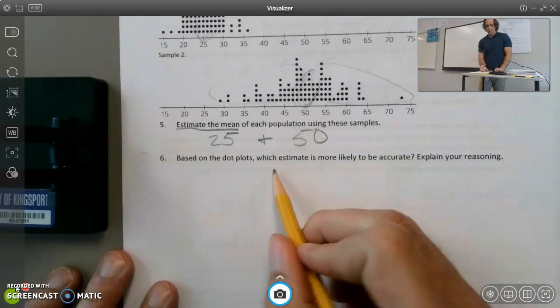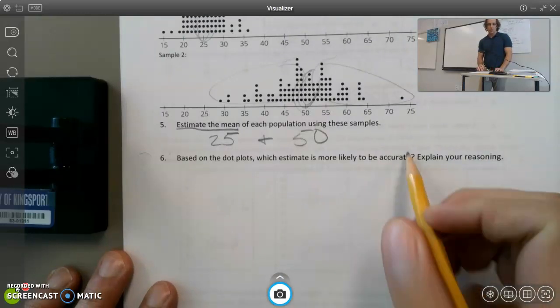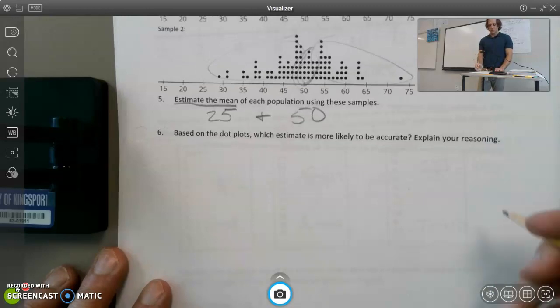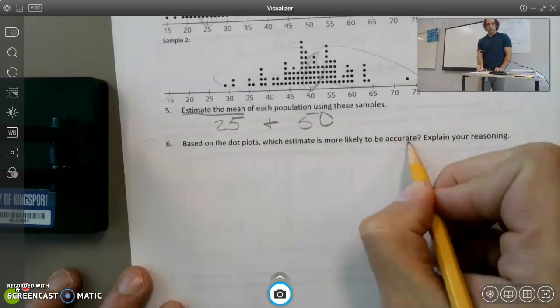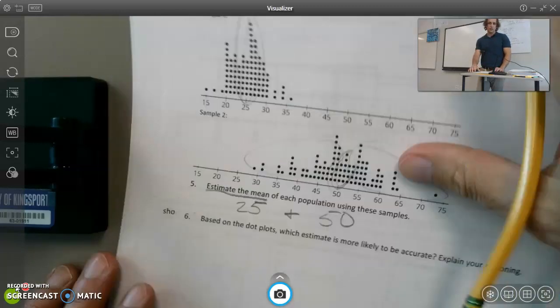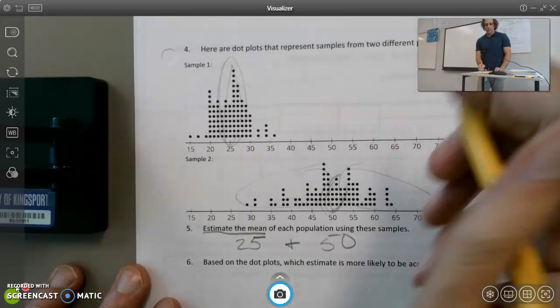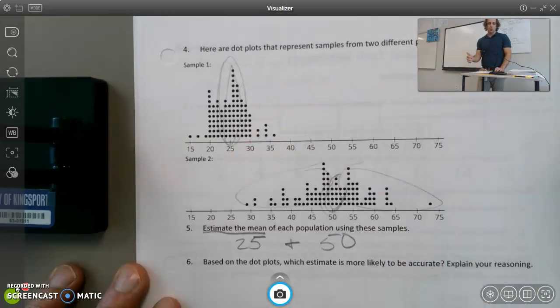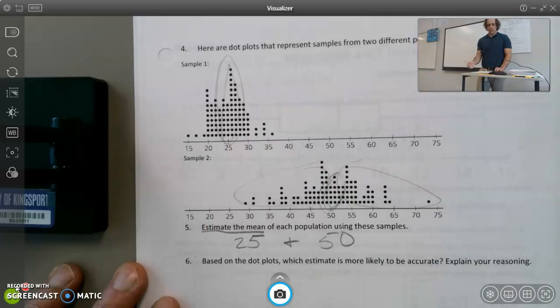Based on the dot plots, which estimate is more likely to be accurate? Now again, this goes to that concept that we don't really need to focus on. This is that idea of mean absolute deviation. And all that you would even know is that the closer data is to the average, the more predictable or reliable it actually is.